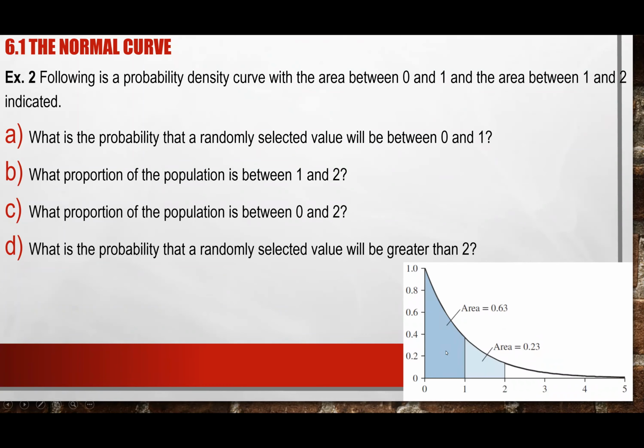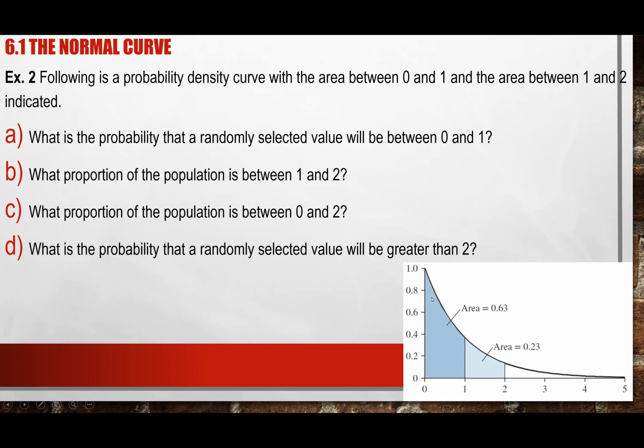You could do it if you know calculus: you can find the tangent of the line and the rate of change from here to here, and so on and so forth. But for us, we don't have to do that, right? Whatever probability density curve they give us, they will give us some area here.